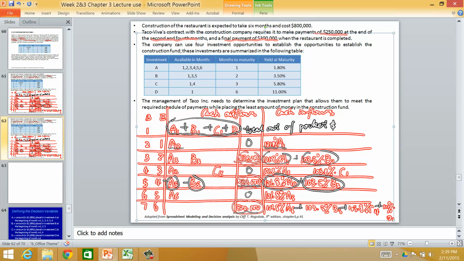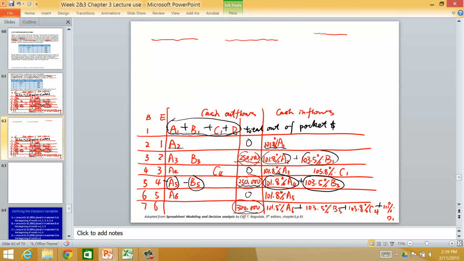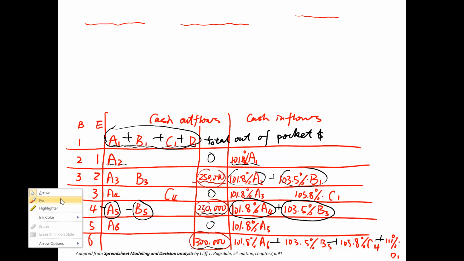So on this slide, okay, so I deleted that part and erase those.